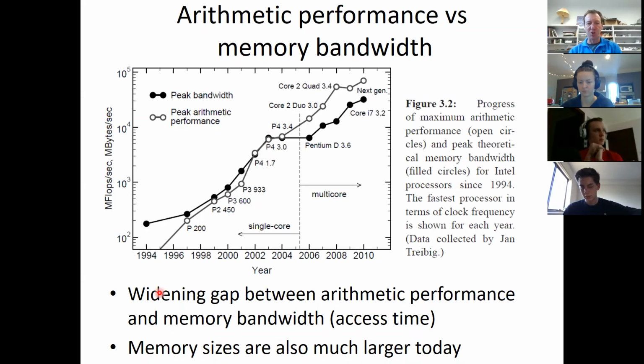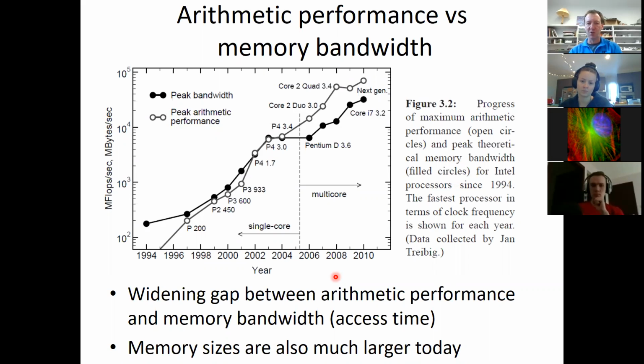So if you look at this graph here, on the x-axis is the time when certain processor generations were introduced, and the data points here are always the latest processor generations introduced at these times.